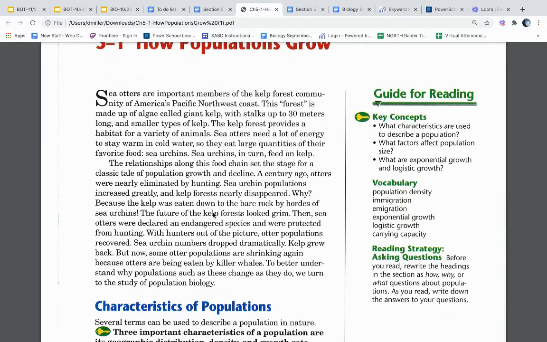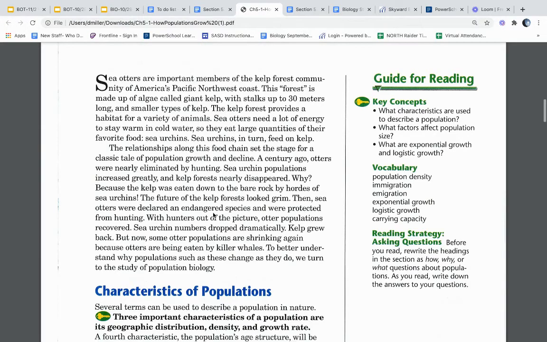A century ago, otters were nearly eliminated by hunting. Sea urchin populations increased greatly, and kelp forests nearly disappeared. Why? Because the kelp was eaten down to the bare rock by hordes of sea urchins. The future of the kelp forests looked grim. Then, sea otters were declared an endangered species and were protected from hunting.